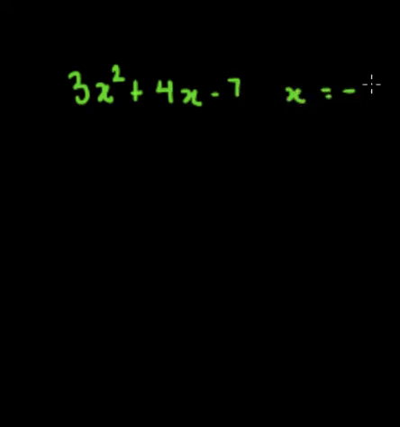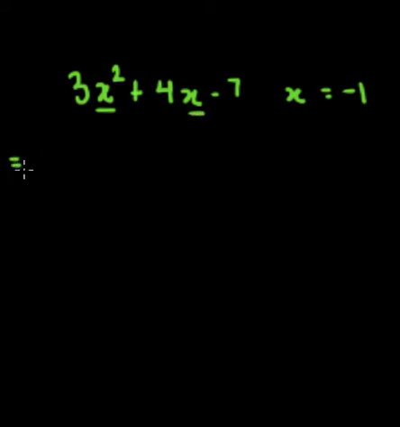Expand and simplify depending on what kind of function it is. So for this example, we're going to look at 3x squared plus 4x minus 7, where x is equal to -1.